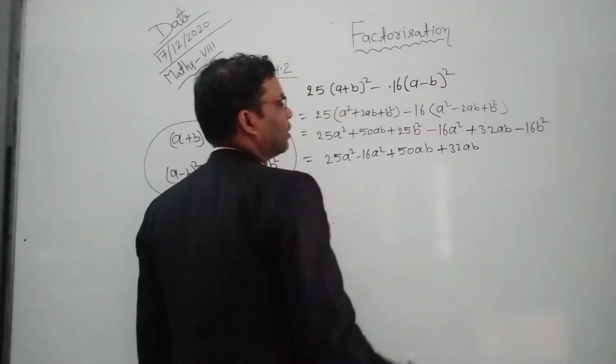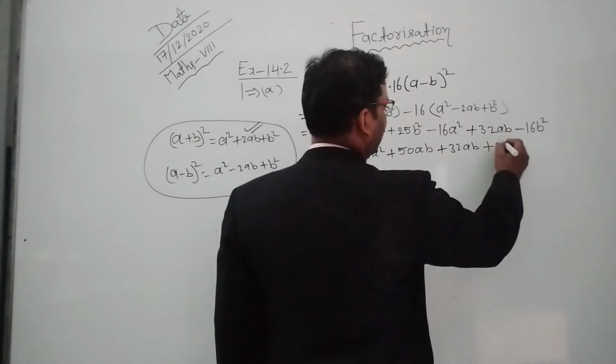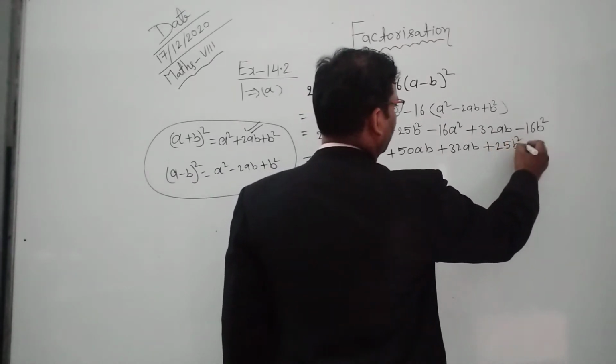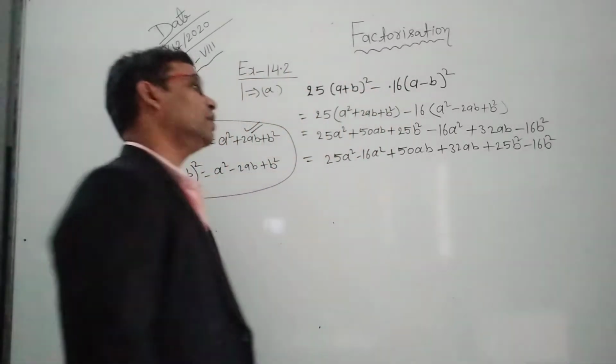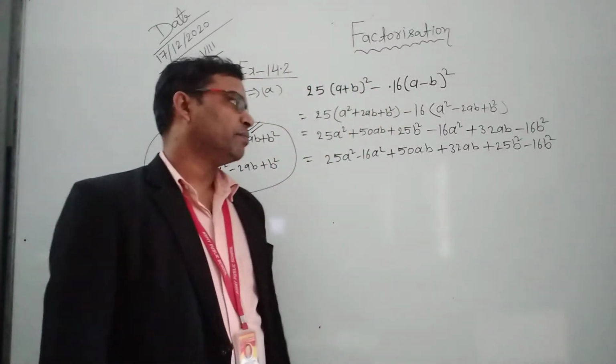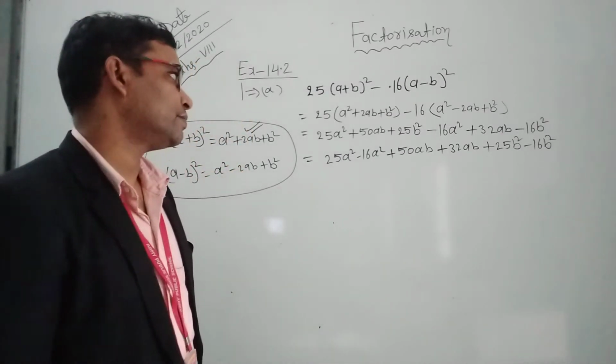Clear? And here given plus 25 b square minus 16 b square. This is clear?